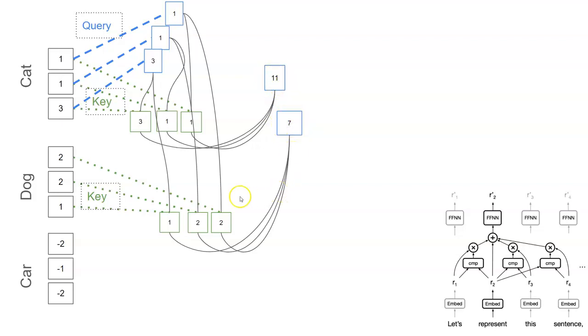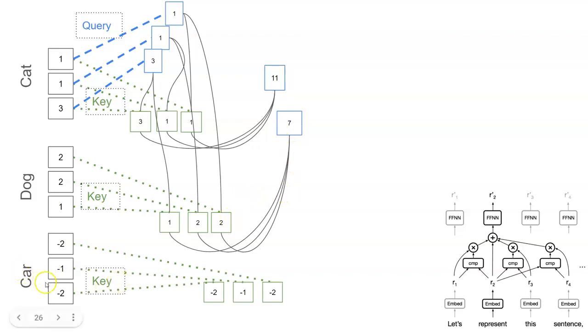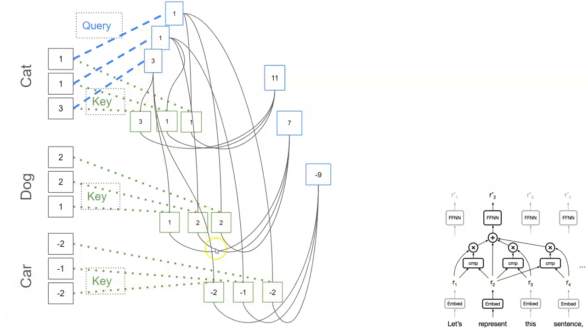Okay? And the last, we take the key from car, which is -2, -1, -2. Here, just a copy. And we, of course, use the query again. 3 minus 2 is -6. 6 and 1 and -1 is -2. 7, sorry. And -2 is -9. Okay, so everything is the focus from the cat now.